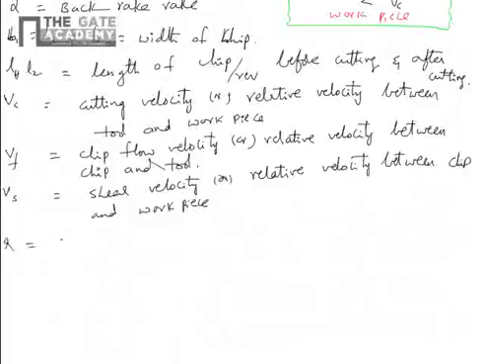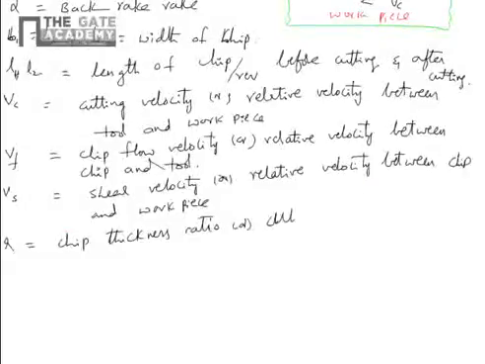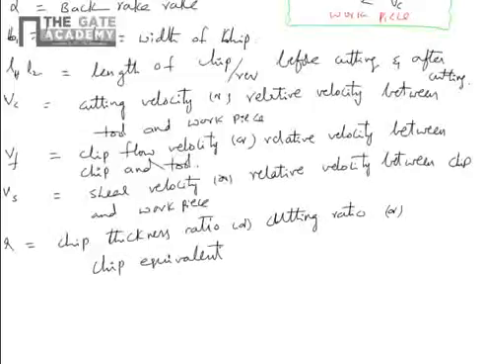R equal to chip thickness ratio. R is a ratio of the chip thickness, or cutting ratio it is also called. Sometimes in the GATE exam they ask it as cutting ratio, or chip thickness equivalent. So this R value is equal to T1 by T2.